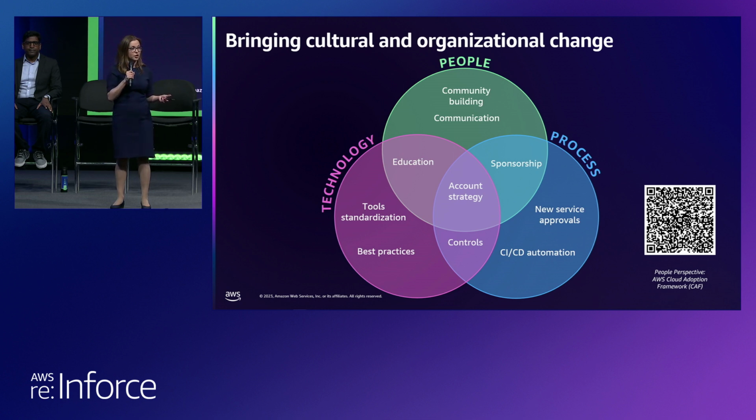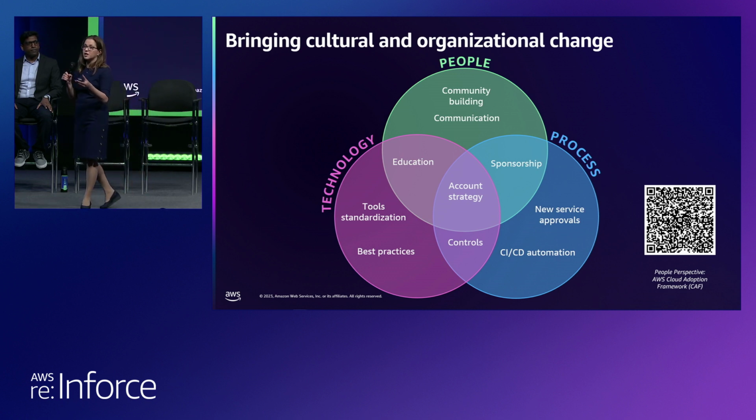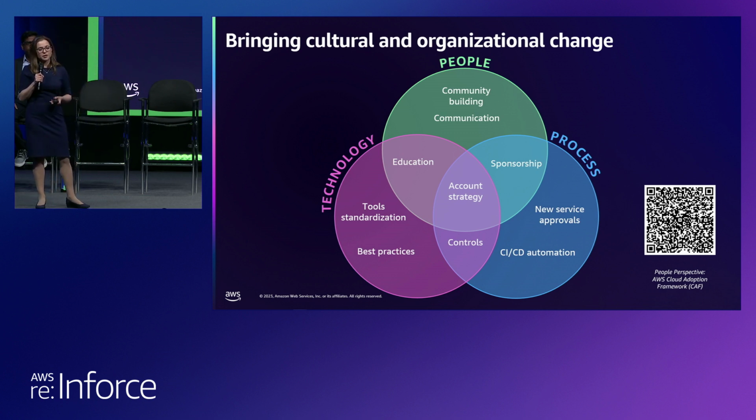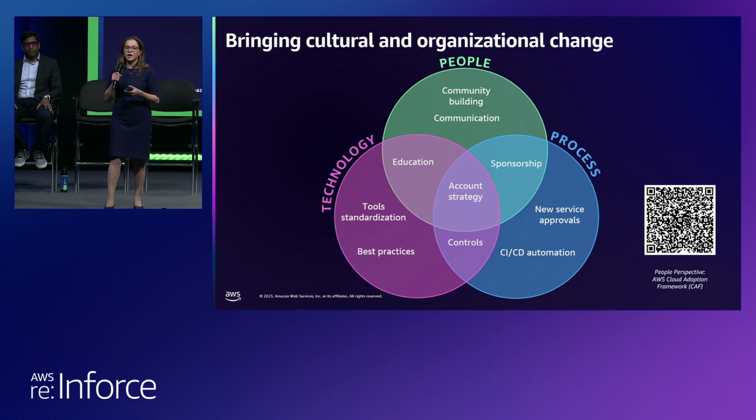But they act as an enabler, not a blocker, right, to the organization. So they work with different teams to gather use cases and requirements, to bring them into those corporate best practices. I have a QR code here for the People Perspective of the Cloud Adoption Framework, where we can get more details about the people perspective, but also building the central cloud team.